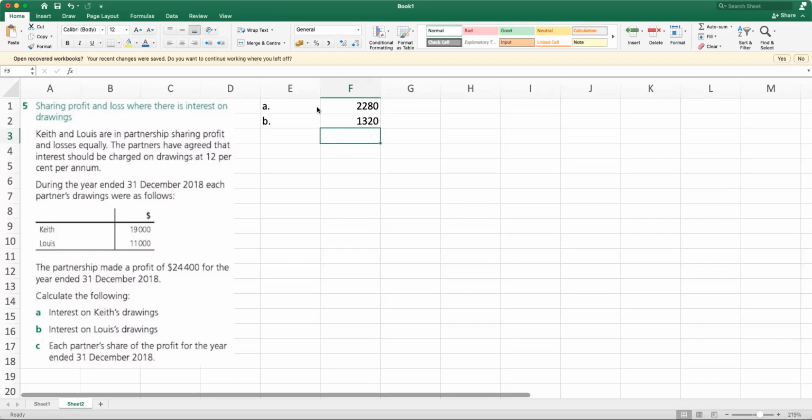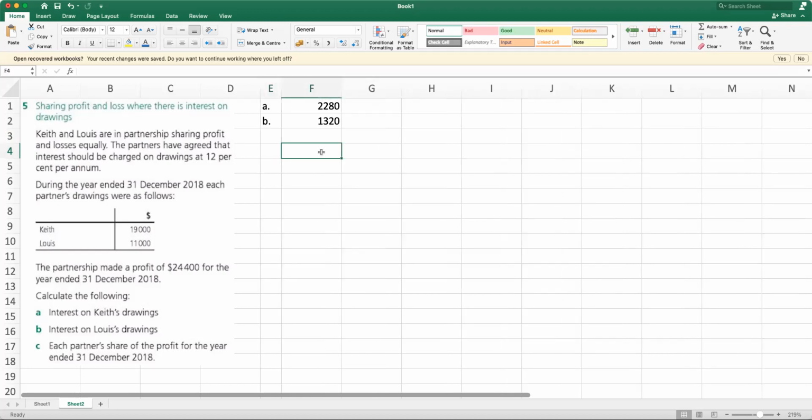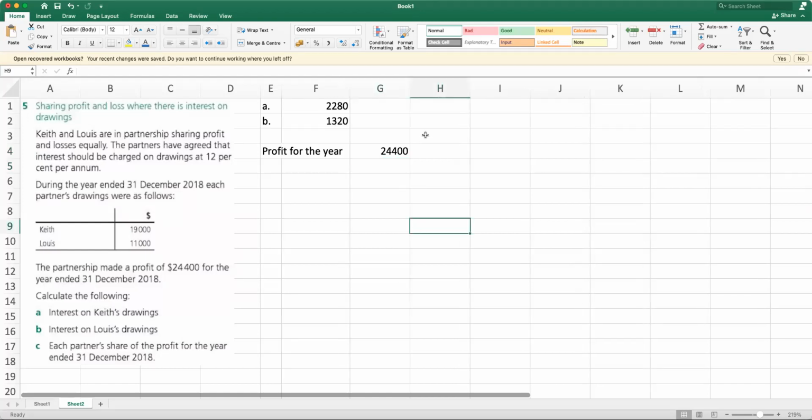So now we need to calculate how much each shares. Concept-wise, we can do it because they are supposed to share equally. What we can do is take the total amount of profit for the year, which is 24,400, and we just need to add the interest on drawings.